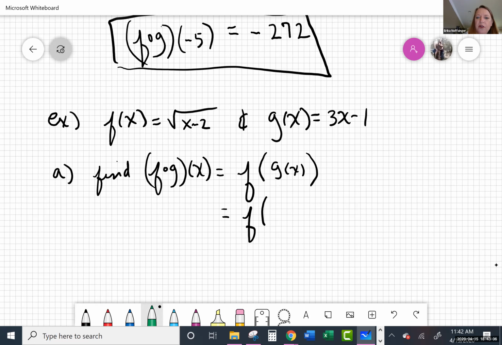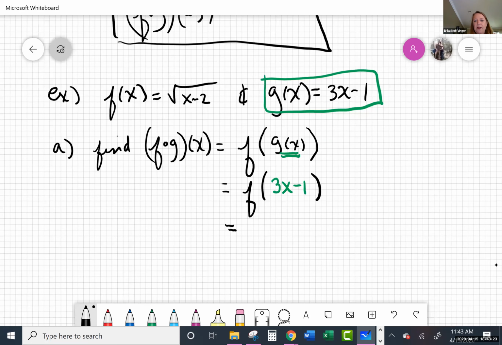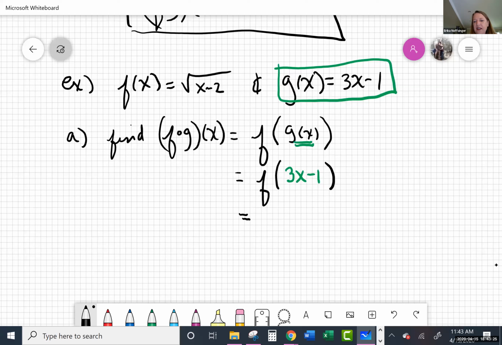So if I look at my equation of g of x, that is 3x minus 1. So I'm just replacing g of x with what it is. I'm going in and replacing wherever I see an x in f of x with this whole expression 3x minus 1.